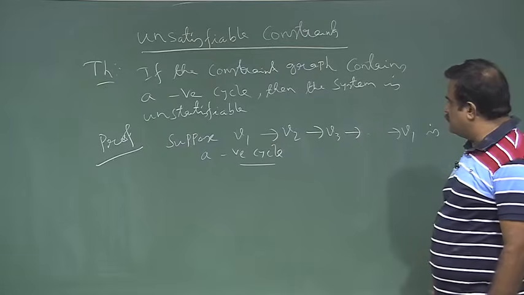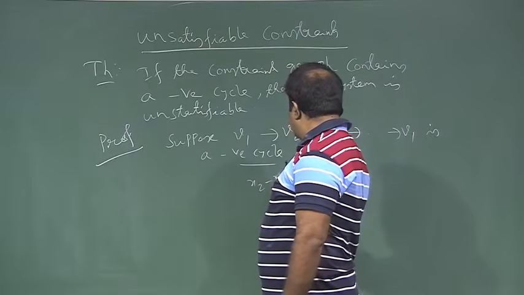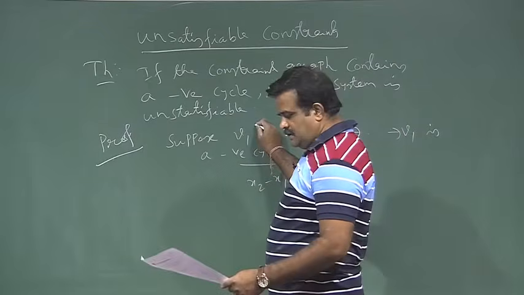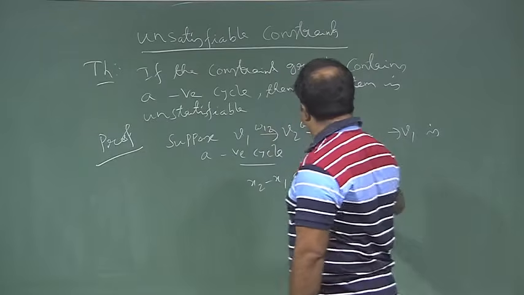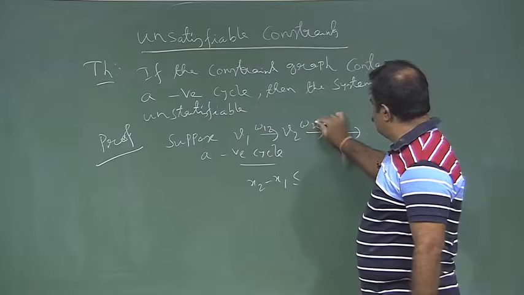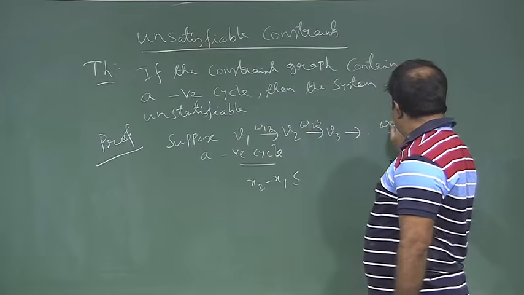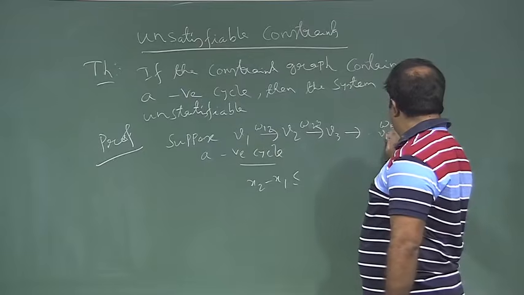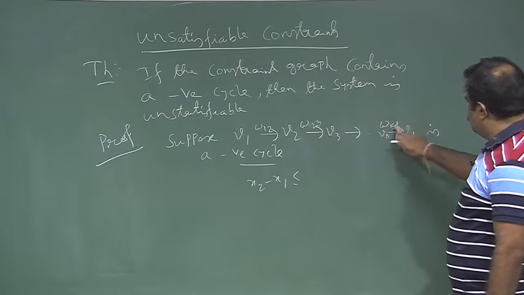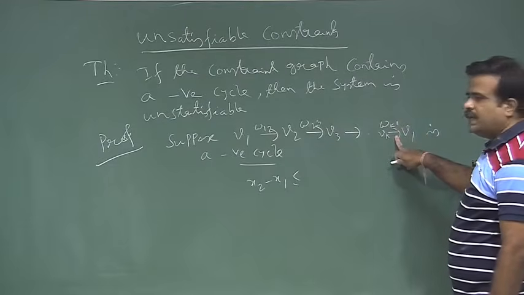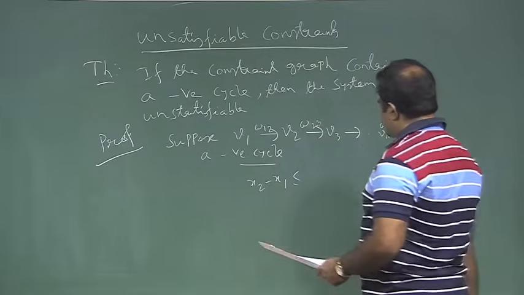From this we have the constraint x2 minus x1 is less than or equal to W12, and this is basically W23, and if this is Vk, then Vk to V1 again, this weight is Wk1.